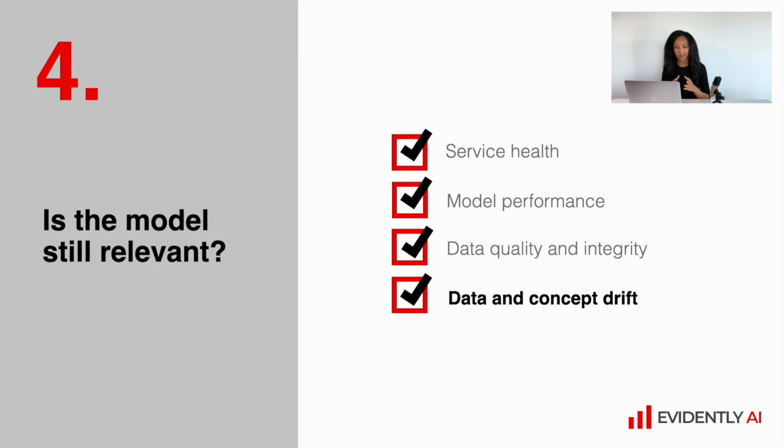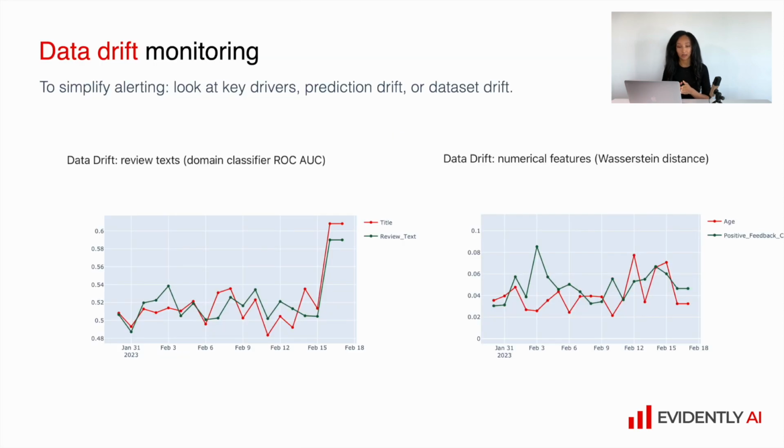Finally, we have the data and concept drift. It helps us to figure out is the model still relevant, right? And in this case, what we can do is build data drift monitoring. To simplify the alerting, we can look only at key drivers, prediction drift, or dataset drift in general. So basically, we can build up this data drift monitoring for any kind of data.